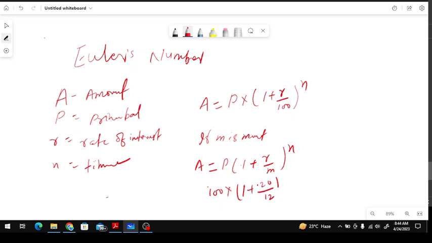We are talking about 12 months, and 12 into 2 for 2 years. I am using a calculator and we will get an approximate value for this amount.